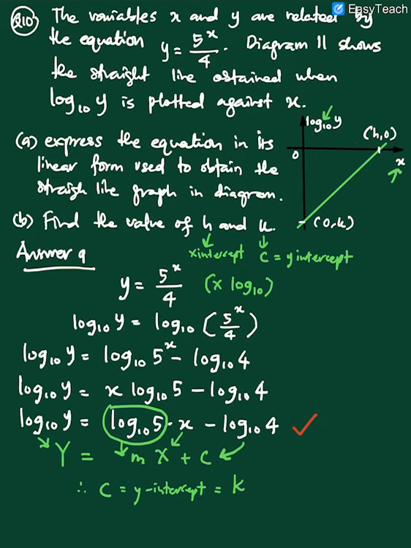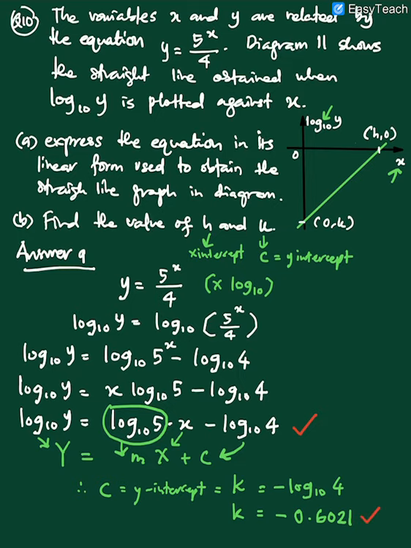Calculate first: negative log base 10 4, so k equals negative 0.6021. This is the answer for k.